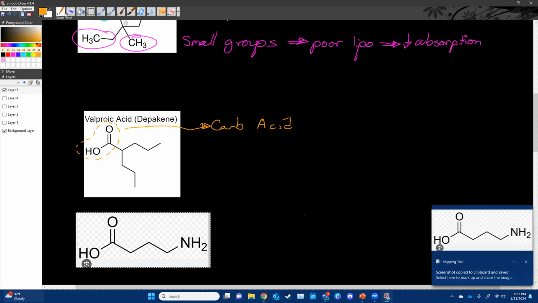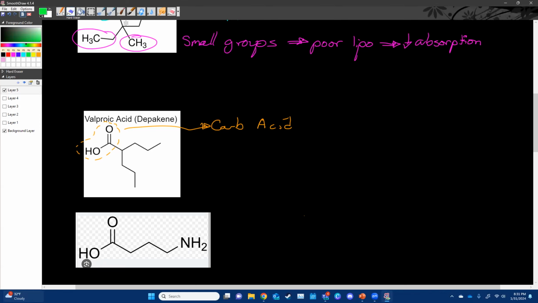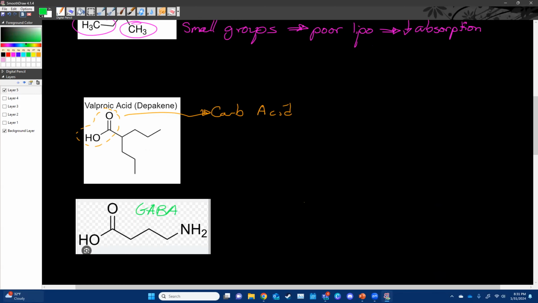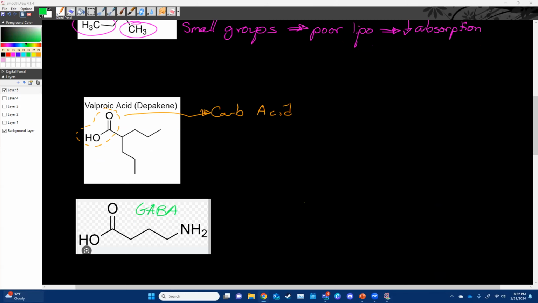Here is GABA. When we look at valproic acid versus GABA, what we can see is that it has very, very similar structures. The difference is that valproic acid is a GABA potentiator versus GABA, which is, of course, activating the different receptors. But it's just an interesting kind of overlap that happens between them.